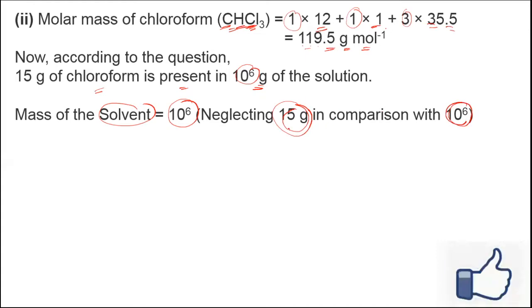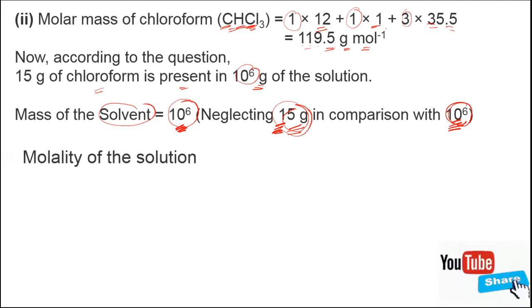So the mass of solvent is 10 to the power 6. Here we neglect the mass of solute, because it is very small as compared to the mass of the solvent.